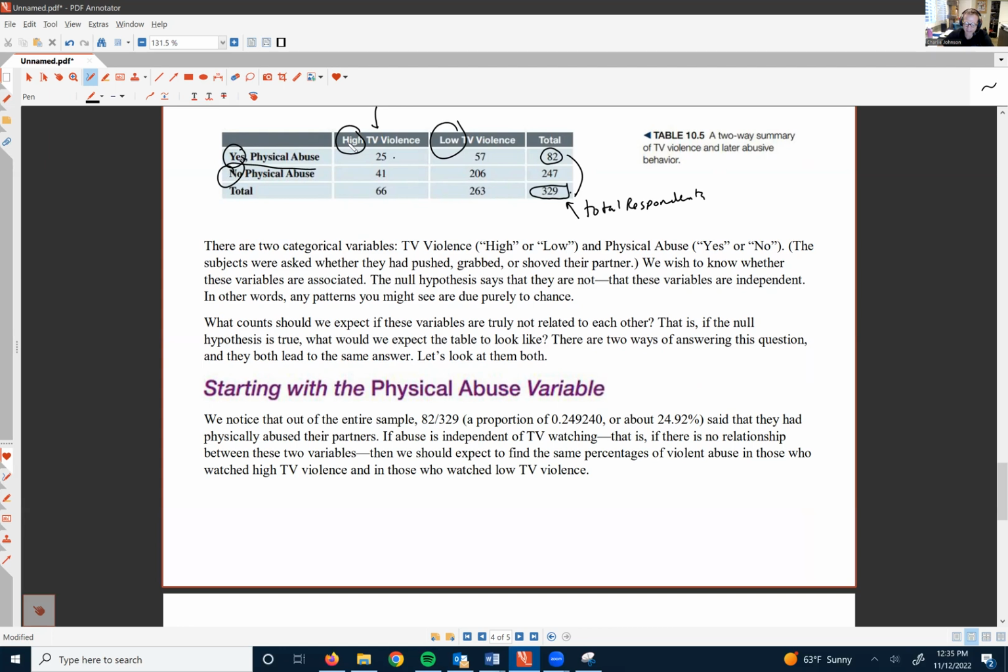If abuse is independent of TV watching, that is, if there's no relationship between these two variables, then we should expect to find the same percentages of violent abuse in those who watched high TV violence and those who watched low TV violence.